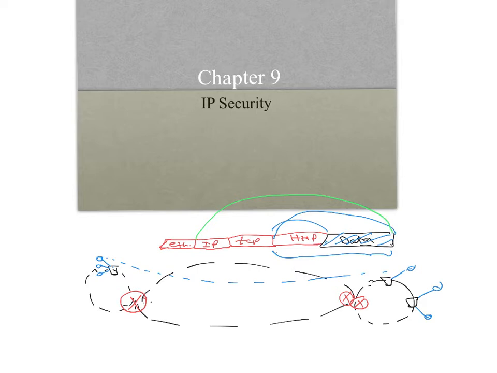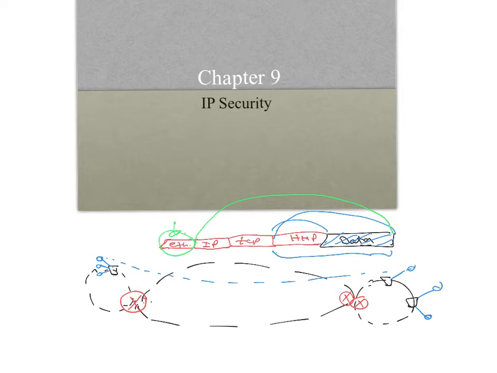But again, this part is not to be encrypted. Otherwise, the switch cannot really process this data, right? So in any layer, if you want to implement security, you actually encrypt the data part of the PDU, but the header is not encrypted.